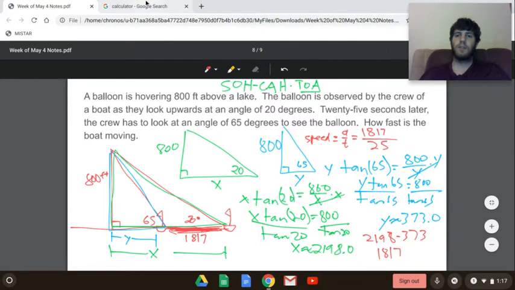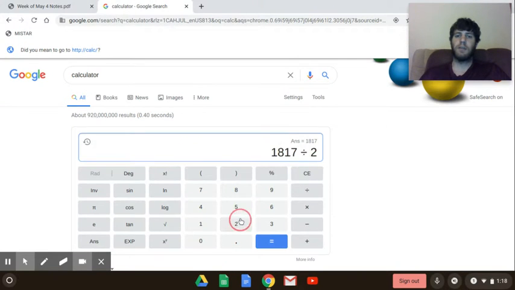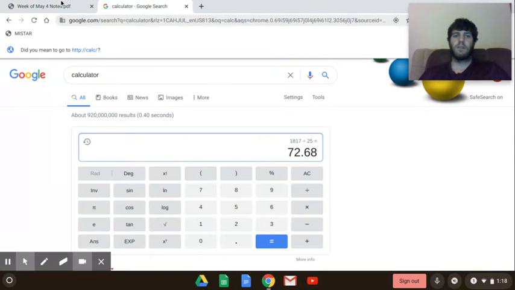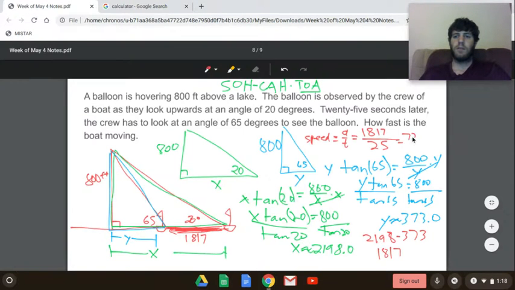So we can do 1817 divided by 25, and that's going to give us 72.7 feet per second. So 72.7, and the units there are feet per second. It's the average velocity there.